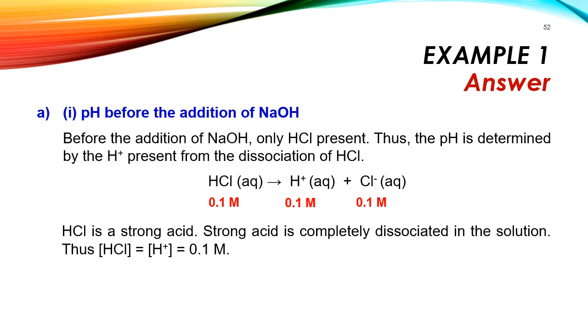The strong acid is completely dissociated in the solution. Thus, the concentration of the hydrochloric acid is equal to the concentration of the hydrogen ion, which equals 0.1 molar. Thus, the pH can be calculated using the negative log of the H+ concentration, which gives a pH equal to 1.